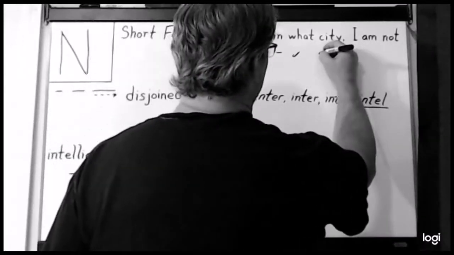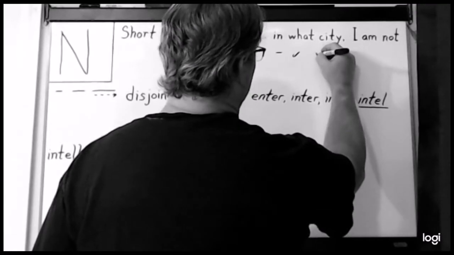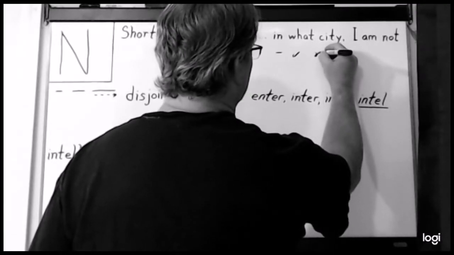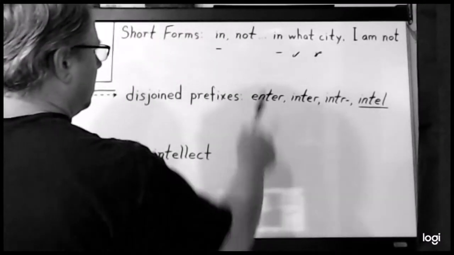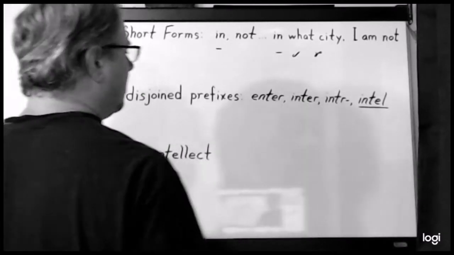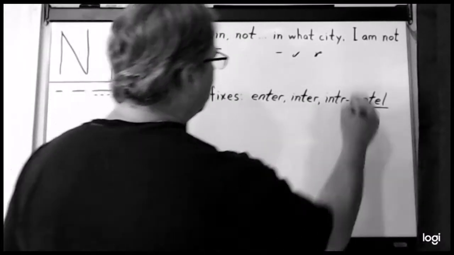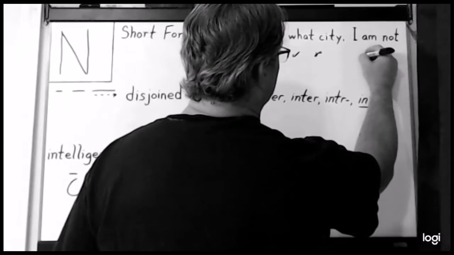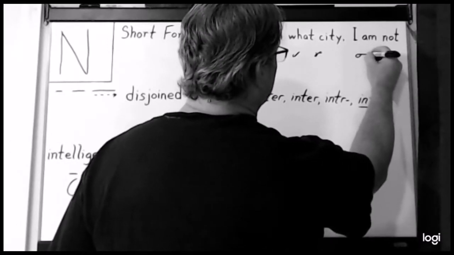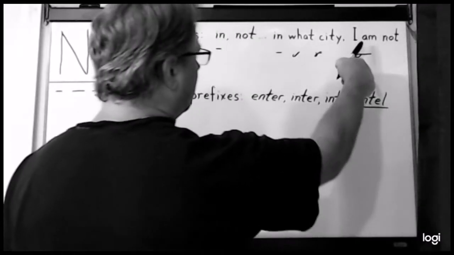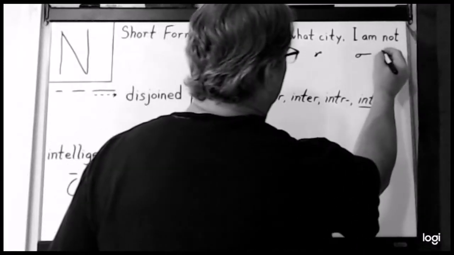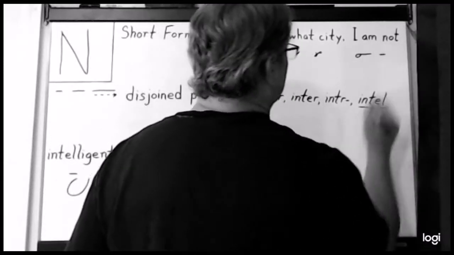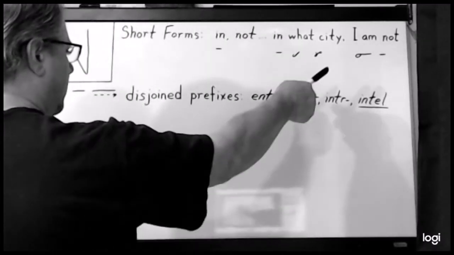In city, spelled phonetically, S-I-T-Y. In what city? For the phrase I am not, we'll just write the A standing for the letter I, the M for the short form am, and then the N for not. I am not.